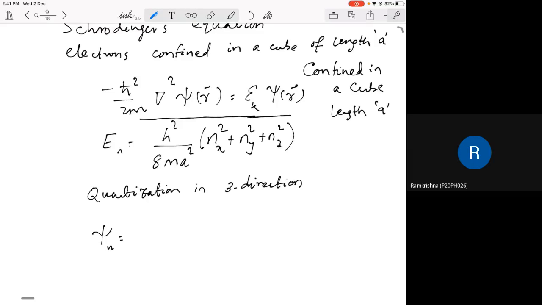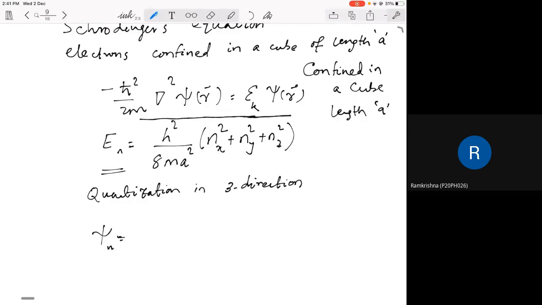You can write down the Schrodinger equation like this, and if we say the potential is zero, it's again a free particle. For the energy eigenvalues, instead of n square, we can write nx square plus ny square plus nz square, since the quantization now happens in all three dimensions x, y, and z.